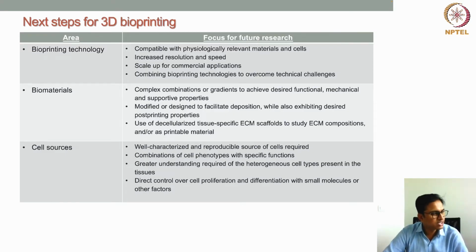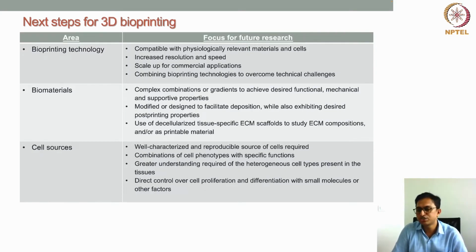But the most important thing is the bioprinting technology should not induce any type of toxicity or any kind of adverse effect towards these materials and cells. Suppose we use a particular type of material in a particular type of bioprinter, there should not be any change or alteration of the physical properties of that material.